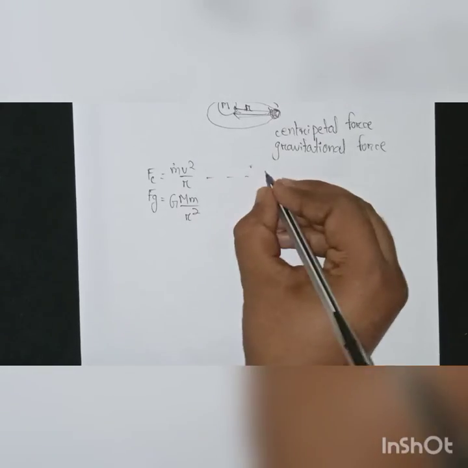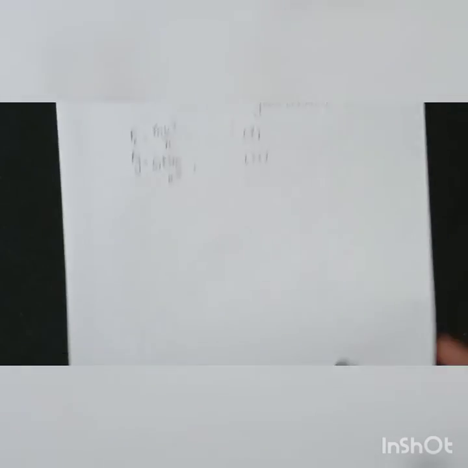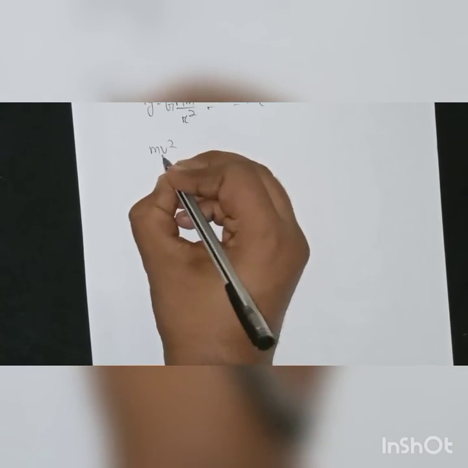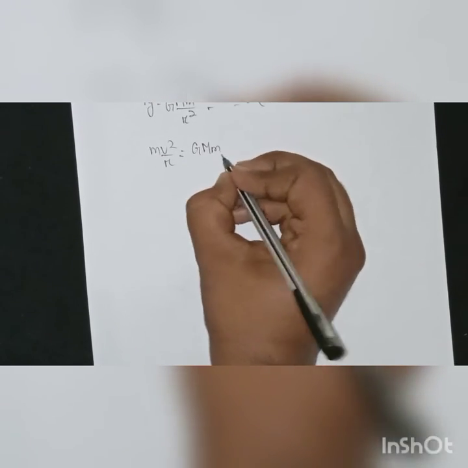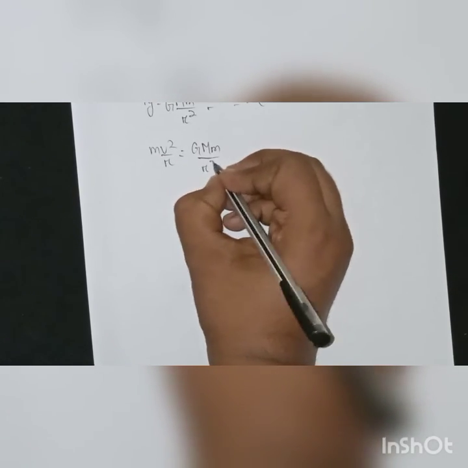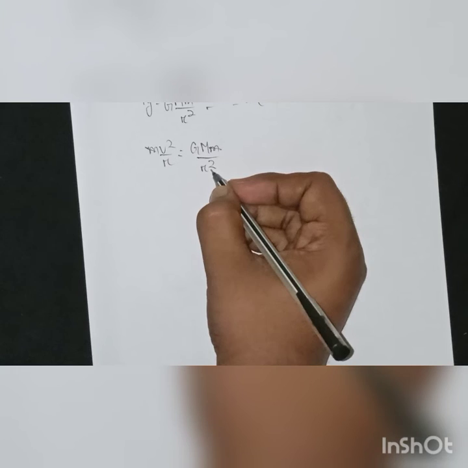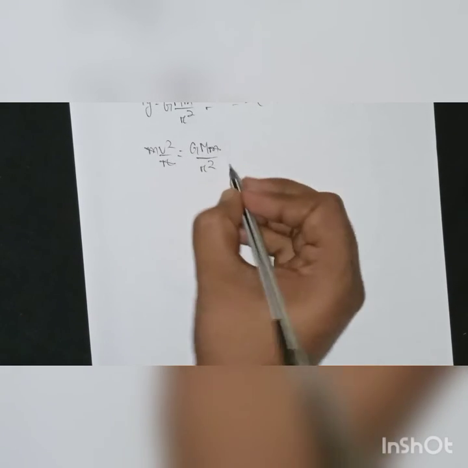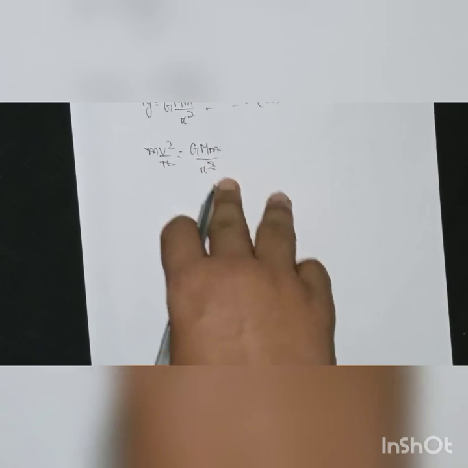Now taking both of them as equation 1 and equation 2, from equation 1 and 2 we got m v square by r is equal to G capital M multiplied by small m by r square. On both sides, the mass of the earth, the mass of the smaller body, got cancelled out. And here one r got cancelled out with the r square on the other side.